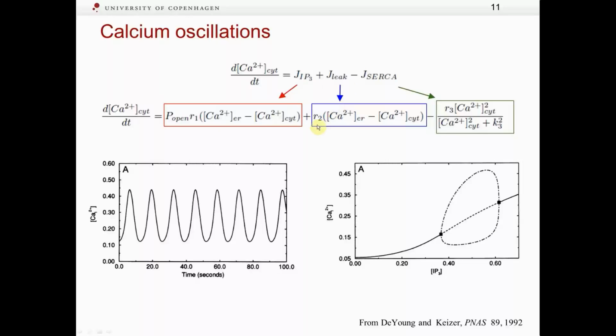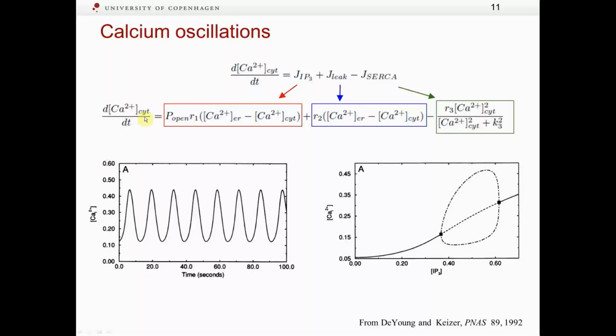The leak term is described simply by a rate constant and again by the concentration gradient across the SR membrane, whereas the reuptake into the SR is described by this term here that primarily depends on the concentration of calcium in the cytoplasm.